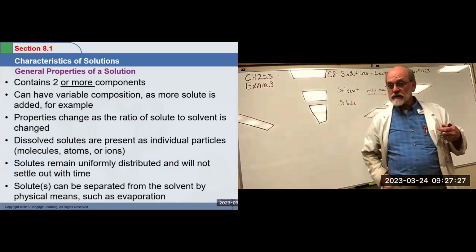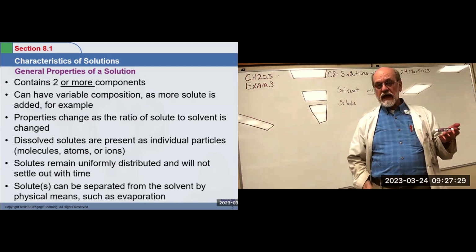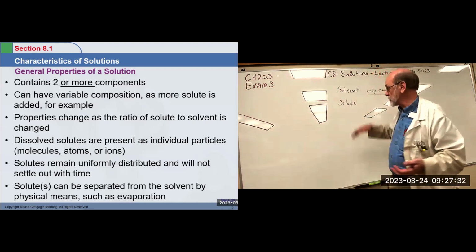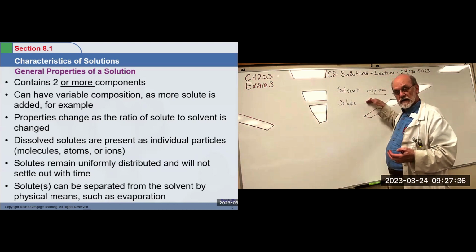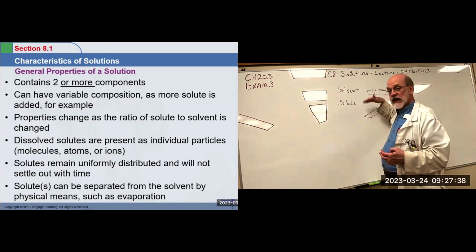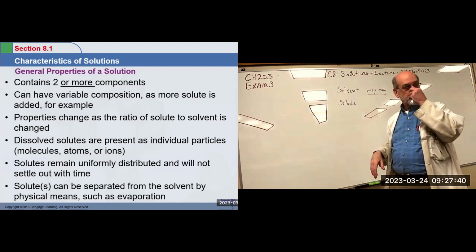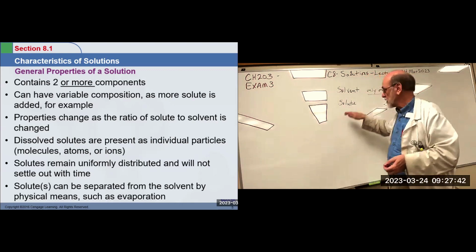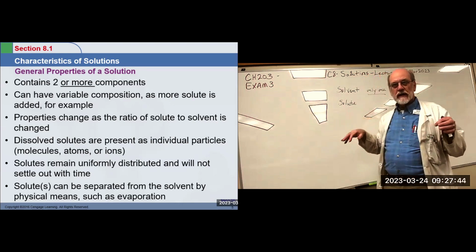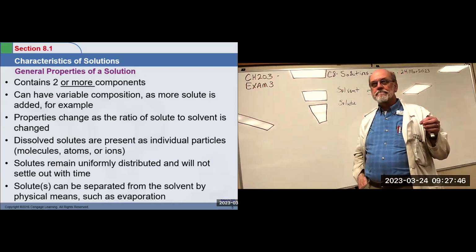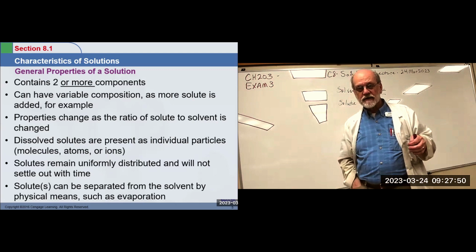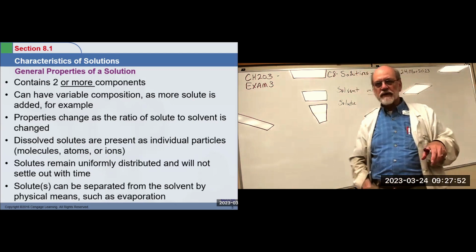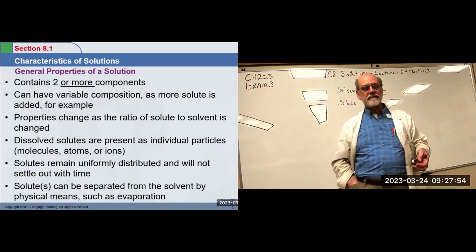The properties of a solution can change as the ratio changes. As you steadily increase the solute, the physical properties can change. For instance, let's say you're going to make a starch solution, so you can dump it in your sauce and thicken it up.